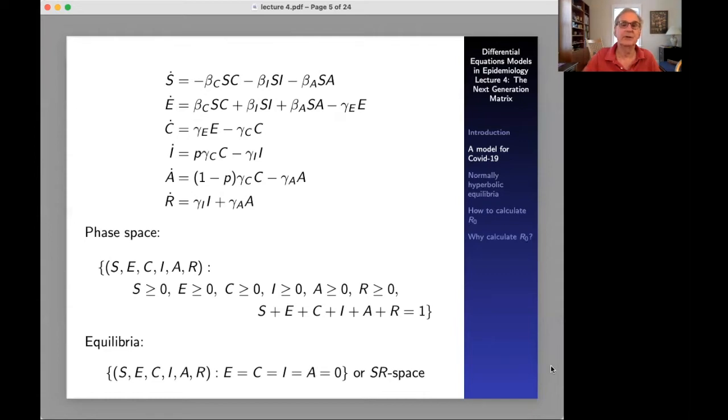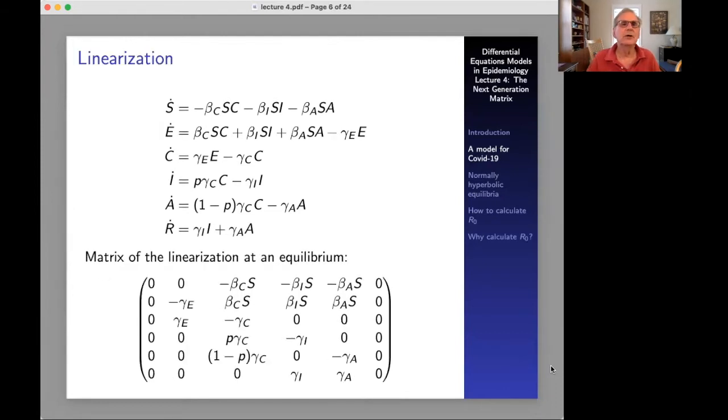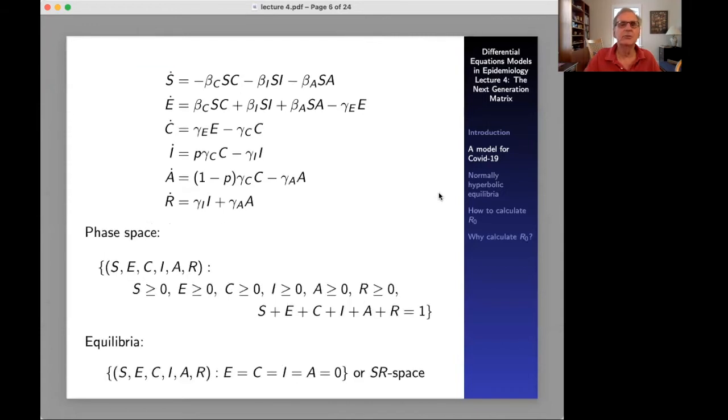The disease doesn't spread. To learn more about the equilibria, what we saw in the last lecture is that we should linearize our system of equations at the equilibrium. So we have 6 equations and 6 unknowns. The linearization matrix will be a 6x6 matrix. So we calculate that 6x6 matrix, and then we really only care about doing this in an equilibrium. And so in that 6x6 matrix, we set E, C, I, and A equal to 0.